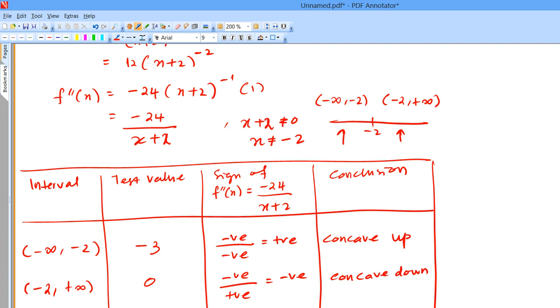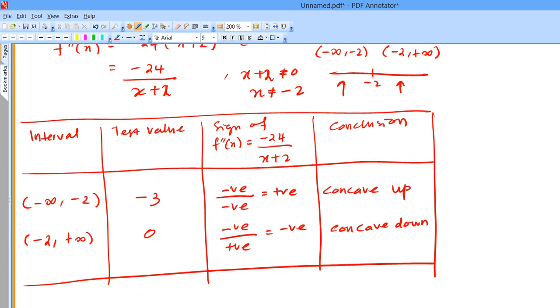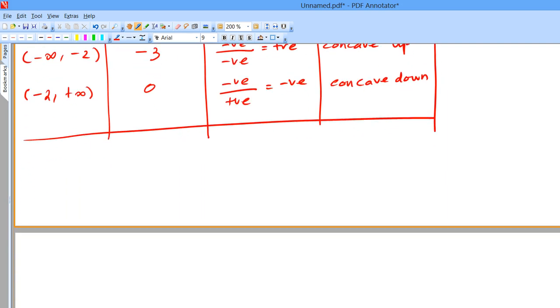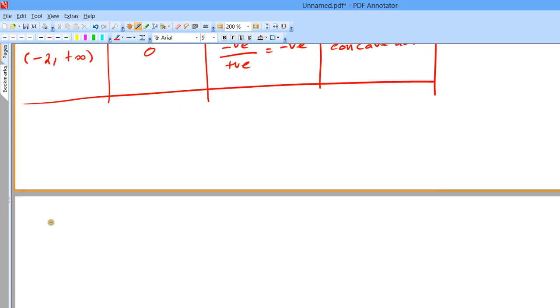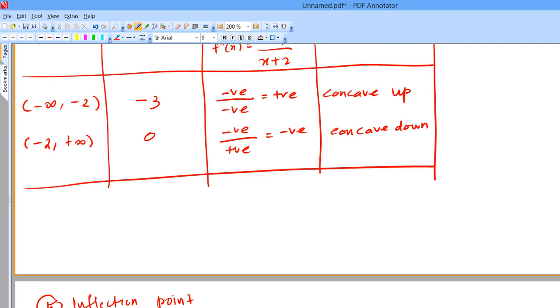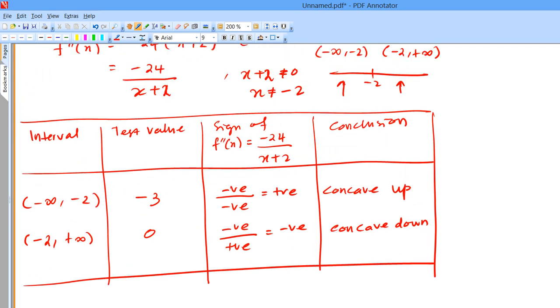Okay, number 5 is inflection point. Inflection point is actually based on the value of x from f double prime, so we have x equal to negative 2.